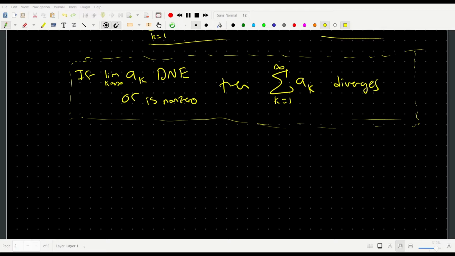So for an example of this, let's take the infinite series 1 plus 1 over k squared.